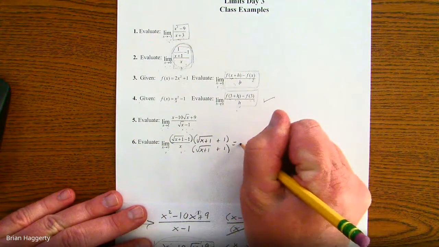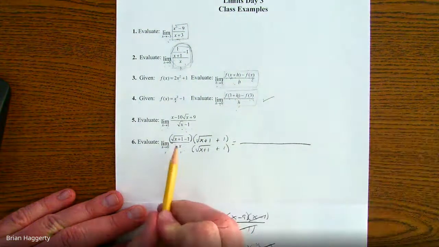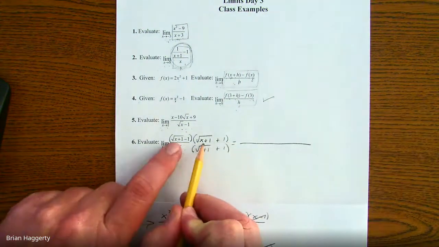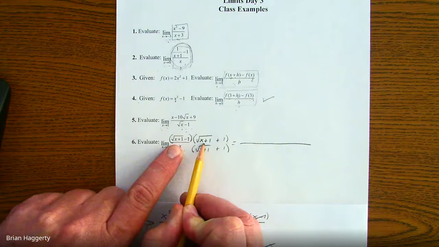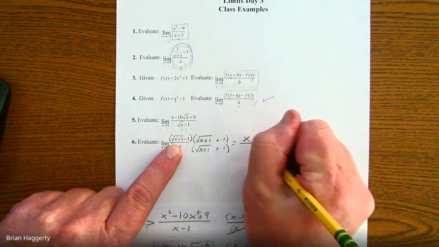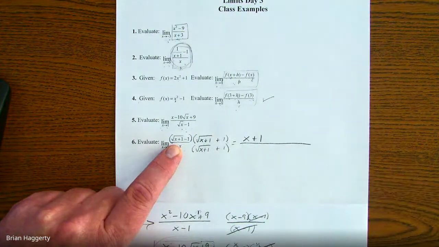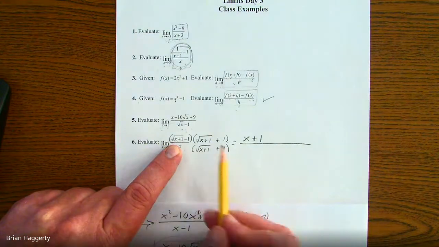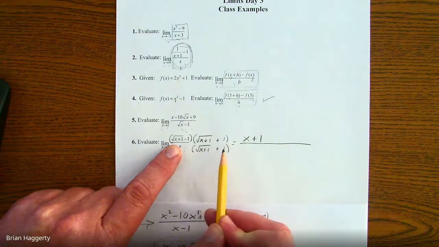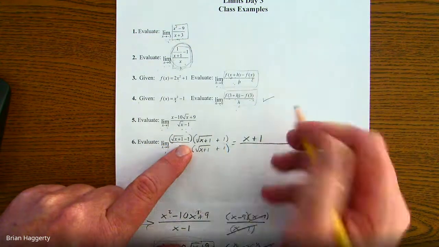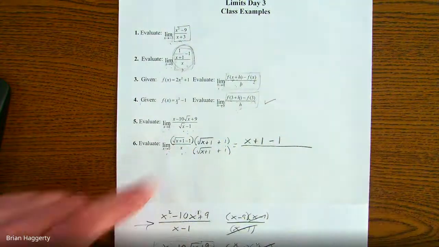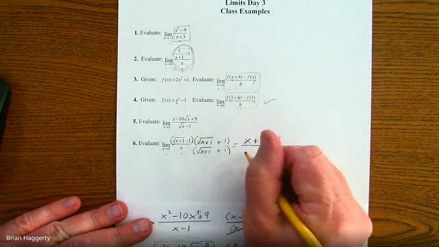Okay, so up top, it's a binomial times its conjugate. When we multiply the firsts, a radical times itself, the radicals cancel, x plus 1. We know the outer and inner will cancel, the positive radical and negative radical, and then we get a minus 1 for multiplying the lasts together.